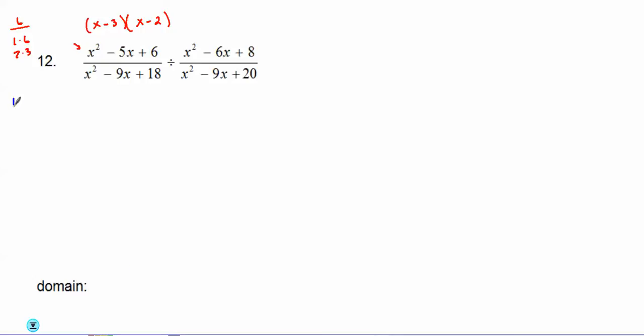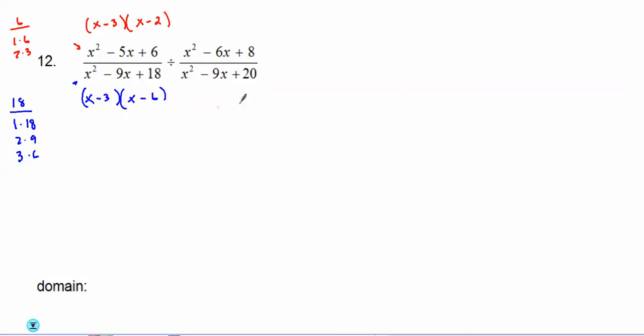Here we have 18, working in this denominator here. 18, 1 and 18, 2, 9, 3, 6. I need to add to get a -9. In this particular case, I'm going to use a -3 and a -6.